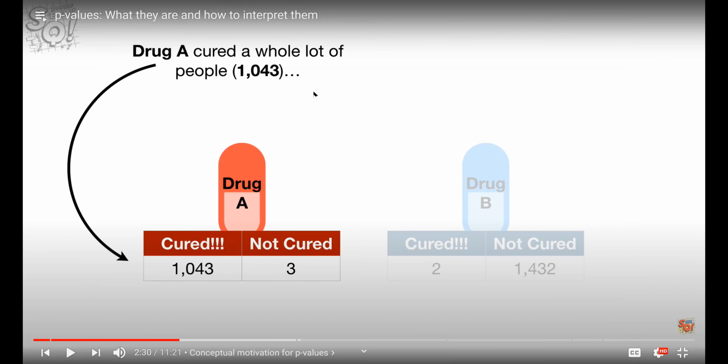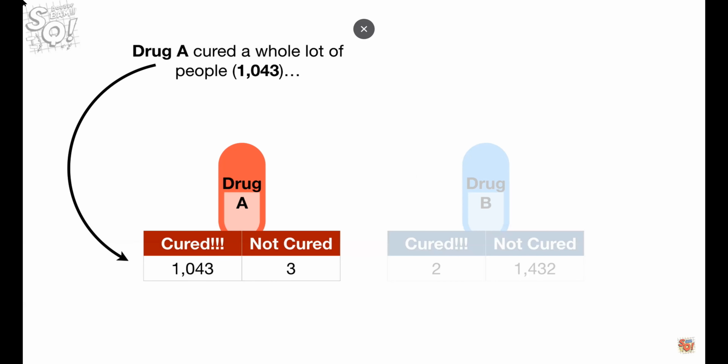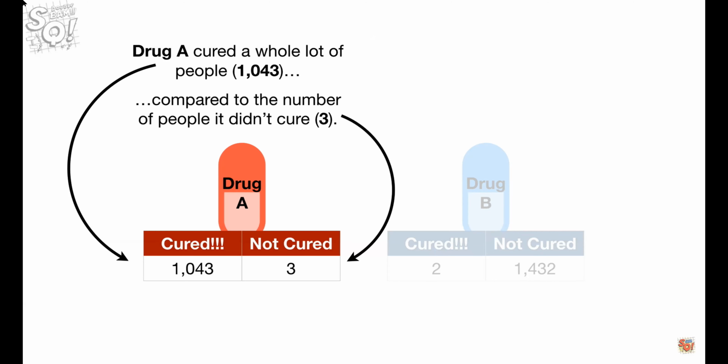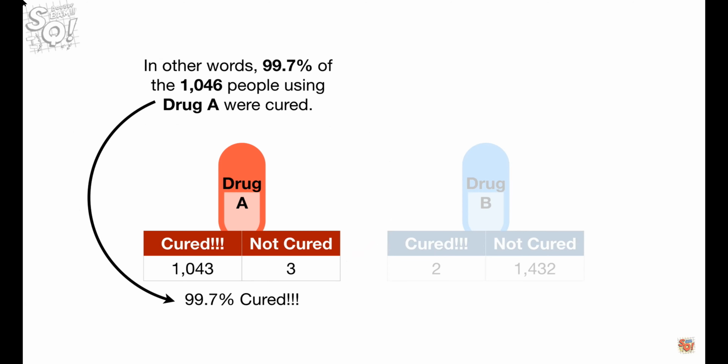Okay, so let's continue. A cured a whole lot of people, 1,043, compared to the number of people it didn't cure, 3. In other words, 99.7% of the 1,046 people using drug A were cured.